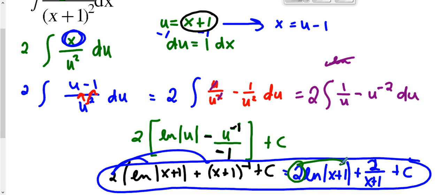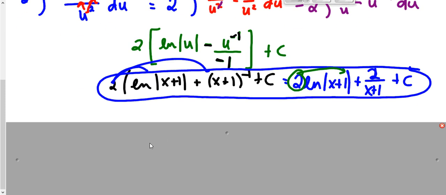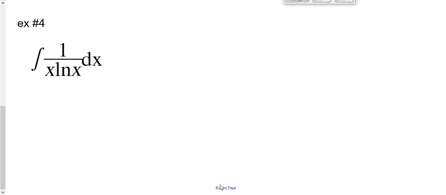So let's look at another way we can integrate. This example, example 4, is the integral of 1 over x ln of x dx. So let's see. This is a case where we are going to be using u substitution again, but this time we are going to be using u equal to ln of x.